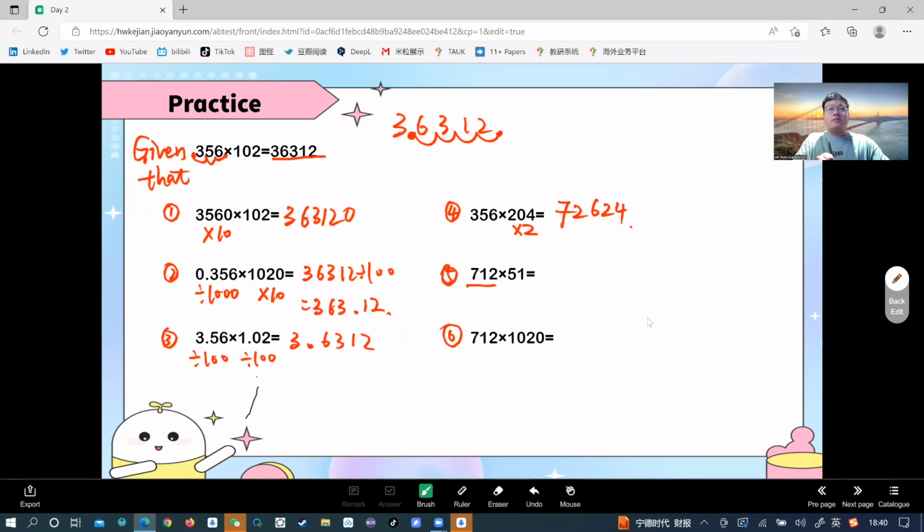So for the first multiplier, we just times the original number, which is 356, by 2. And for the second one, we just divide that by 2. So you see, for the final result, you times by 2 and you divide by 2. So basically, you do nothing here. The answer will never change, right? So it's just 36312 as well.